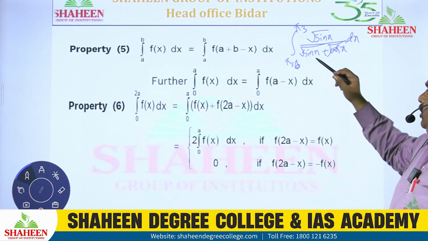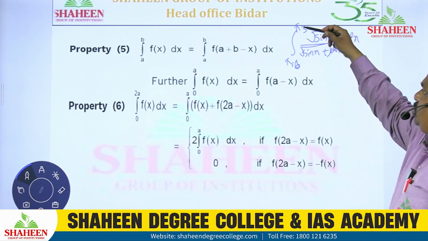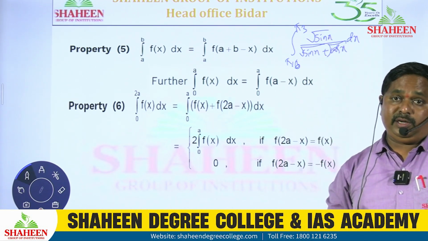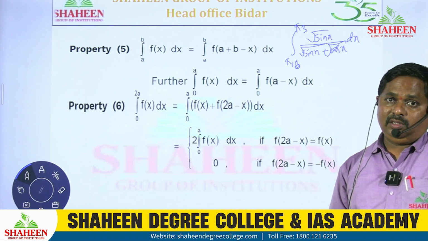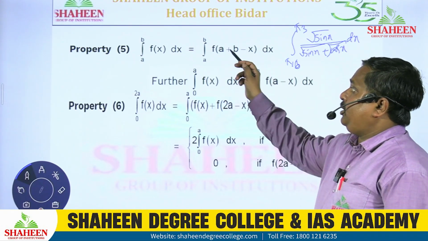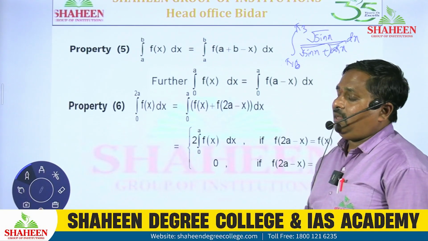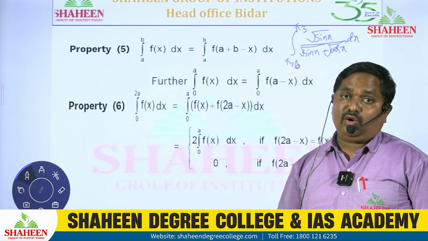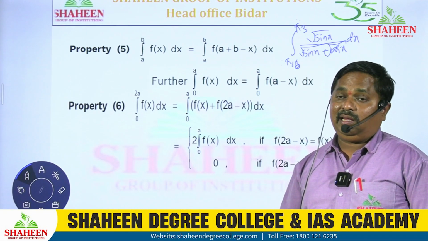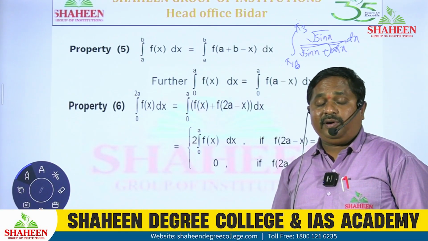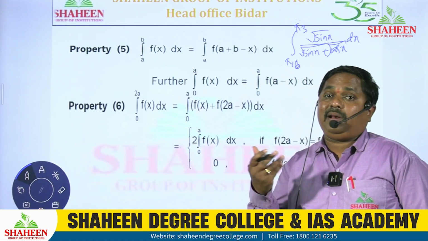Here the sum of these two angles, pi by 6 and pi by 3, becomes 90 degrees, pi by 2. So using this property, first we have to check whether the sum of the angles is a multiple of 90 degrees or not. If it is a multiple of 90 degrees, then you can use this formula, and we can apply the allied angle.